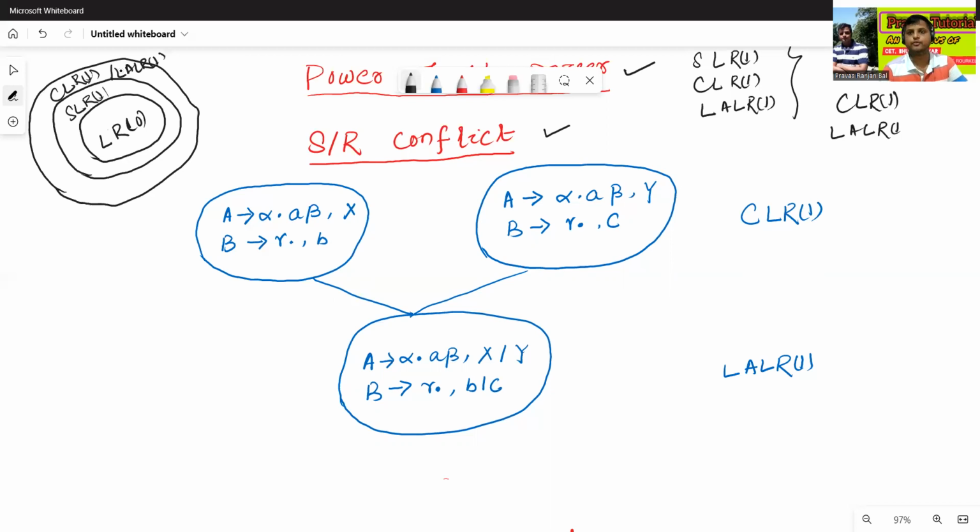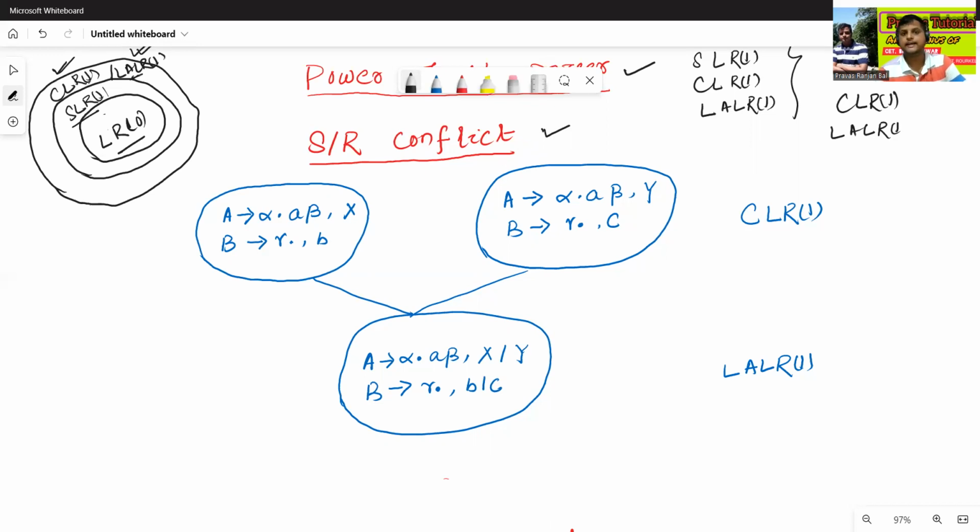But we get confused: out of CLR1 and LALR1, which one is the subset, or which one is the most powerful? So LR0 and SLR1 are both subsets of CLR1 and also LALR1. First, we'll try to understand whether CLR1 is more powerful or LALR1 is more powerful.